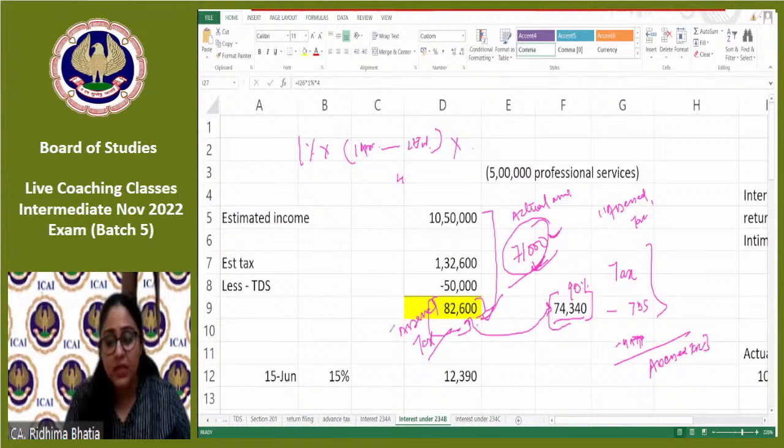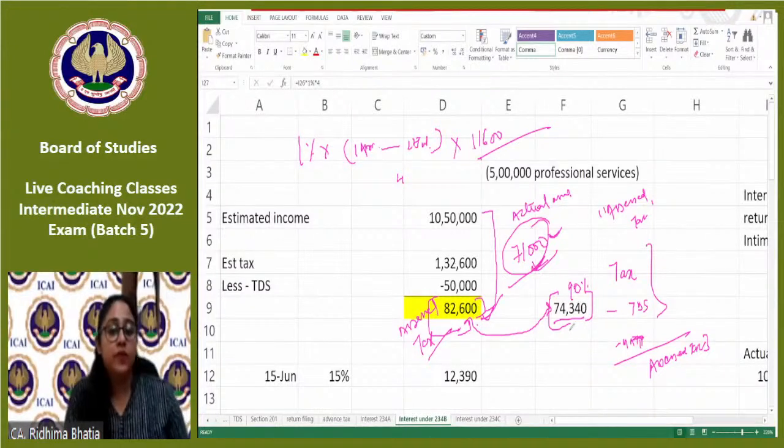Because obviously 11,600 is the amount which was actually unpaid, not 82 minus 74,340, because this is just a test. This 90% is just a test to see whether 234B is getting triggered or not.